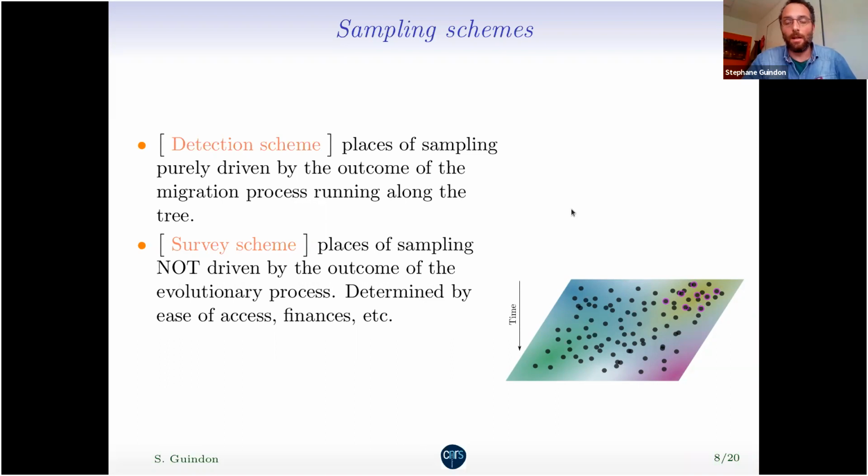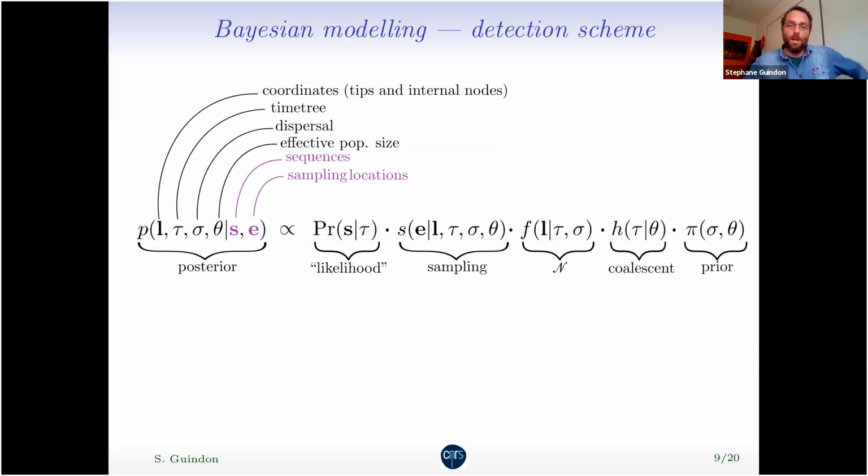So those are my two different schemes, and I'm going to try to set up a Bayesian model based on those two different approaches. All right, so if we start with the detection scheme, we obviously have a posterior. And so I'm going to go through quickly the different random variables involved here. So first of all, we condition on the data. So the data here is made of a set of homologous aligned sequences.